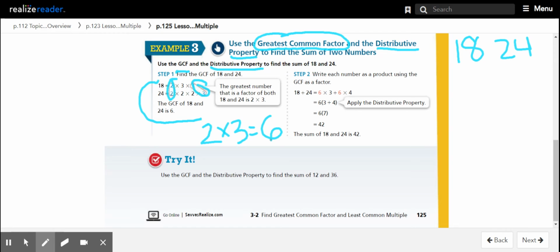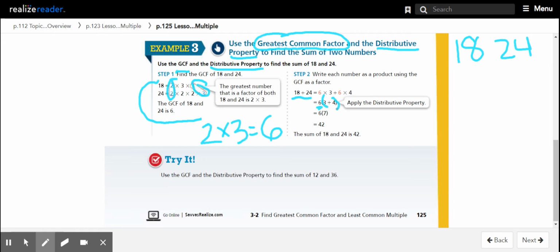So now that we have our greatest common factor, we want to use the distributive property to find the sum. So we have 18 plus 24, and we are going to use the GCF and then the distributive property.